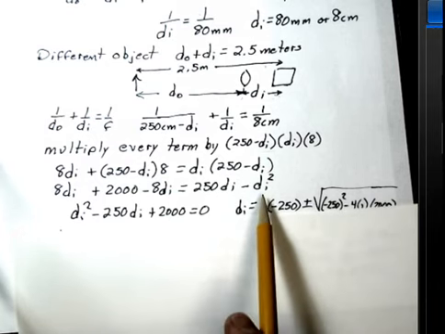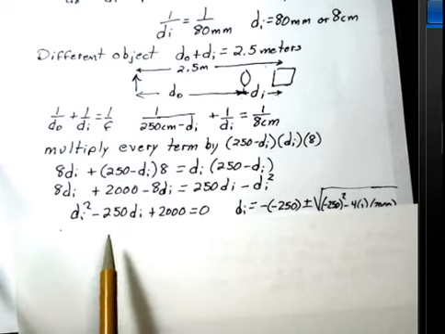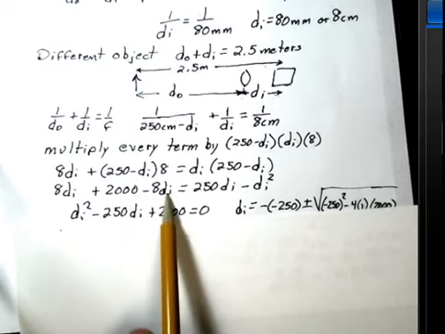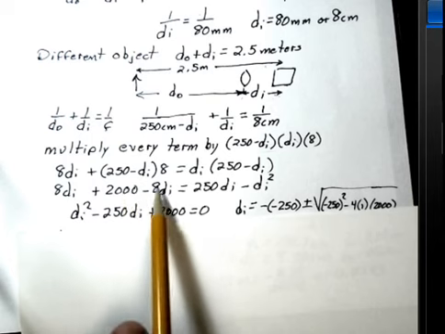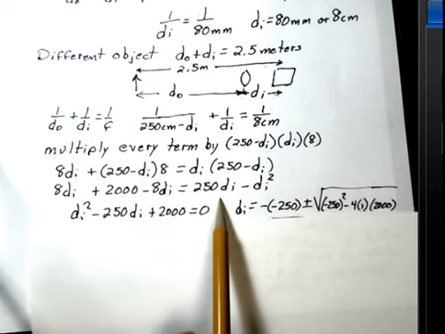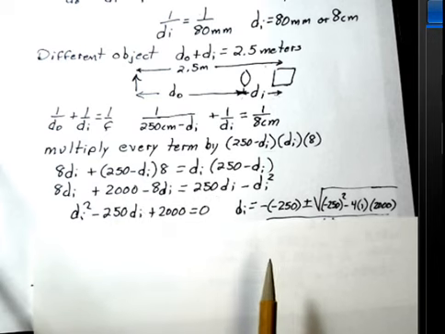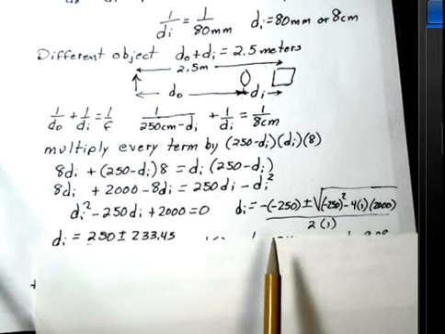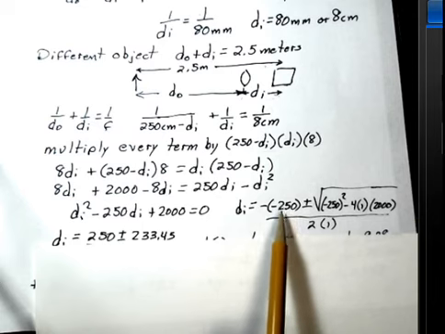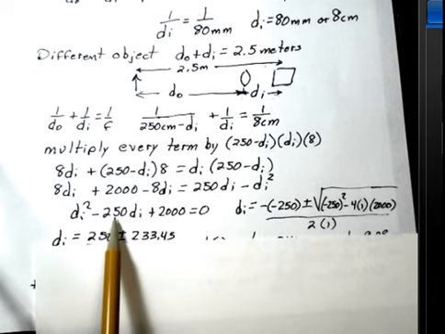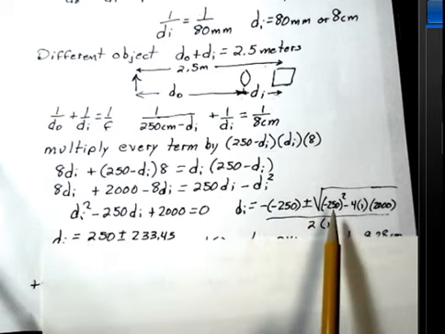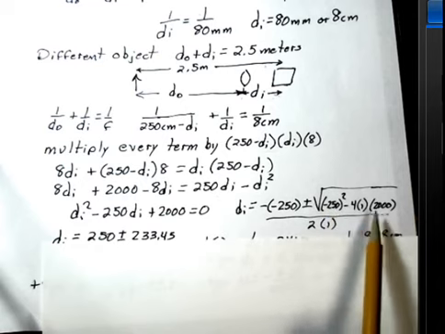And so I add di squared to both sides. The 8 di and minus 8 di have canceled, have added to 0. I subtract 250 di from both sides, and the plus 2,000 stays where it is. Using quadratic formula, we have minus b, the b coefficient is minus 250, plus or minus square root of b squared minus 4ac.